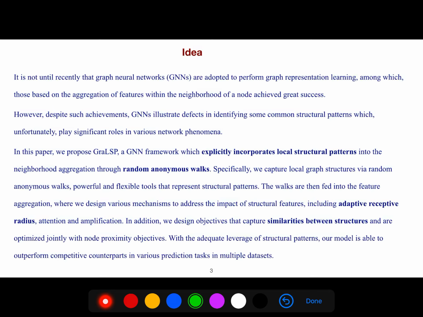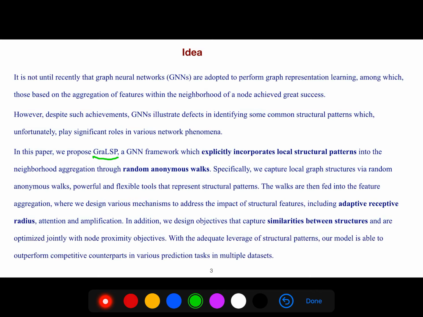However, despite such achievements, GNNs illustrate defects in identifying some common structural patterns, which unfortunately play significant roles in various network phenomena. So we propose this model, a GNN framework which explicitly incorporates local structural patterns into neighborhood aggregation through random anonymous walks.